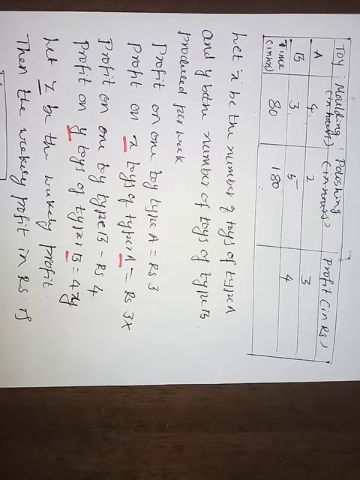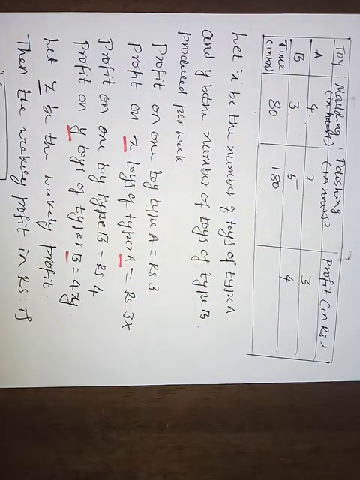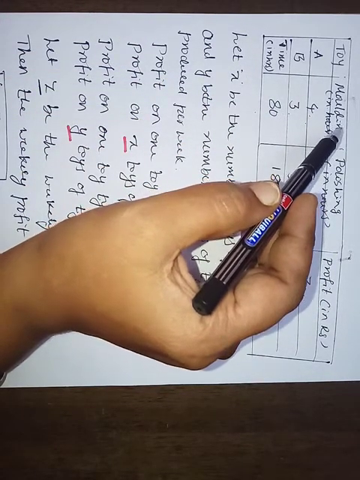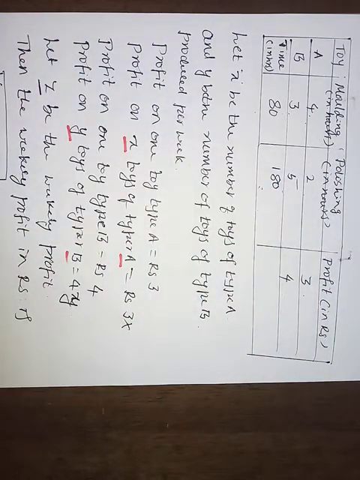Next, for manufacturing toy A and toy B, we need two conditions. One is molding and another is polishing. Means there are two conditions applied here, or two restrictions.